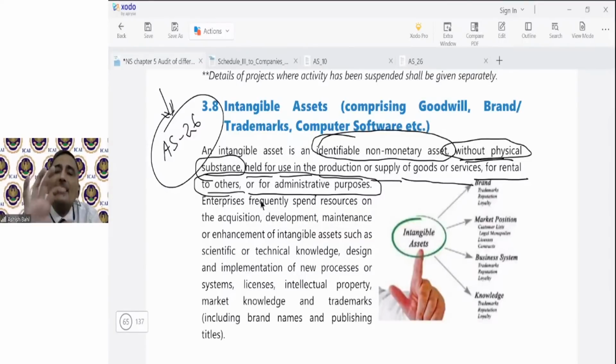So this is the definition of intangible assets. Examples are goodwill, copyrights, patents, trademarks, computer software. All these are examples of intangible assets.